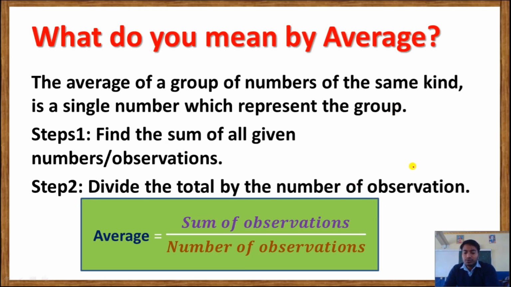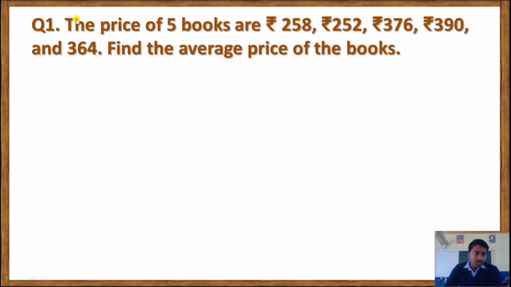Now let me give you examples. Here we have question number 1. The prices of 5 books are rupees 258, rupees 252, rupees 376, rupees 390 and rupees 364.